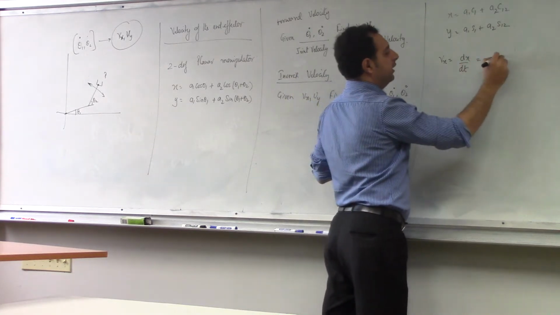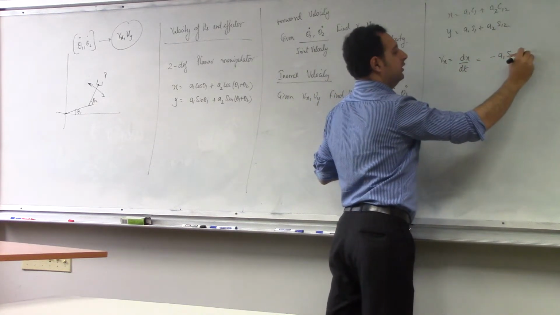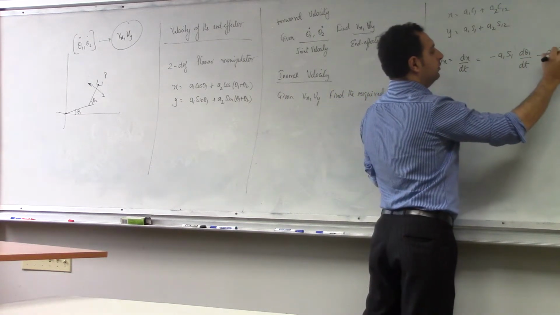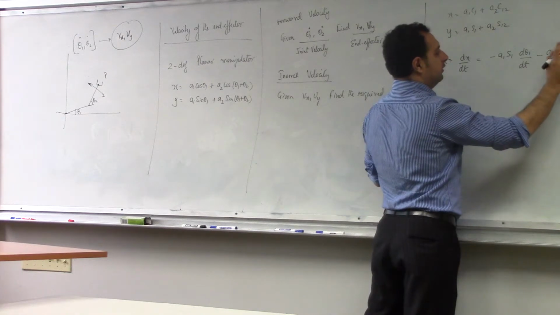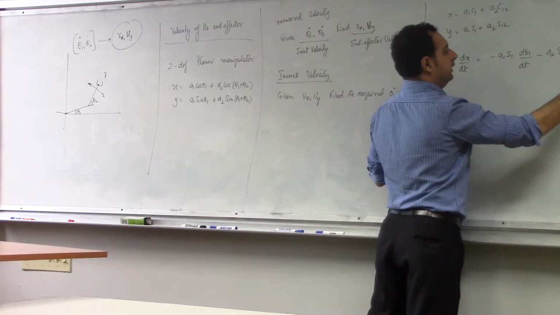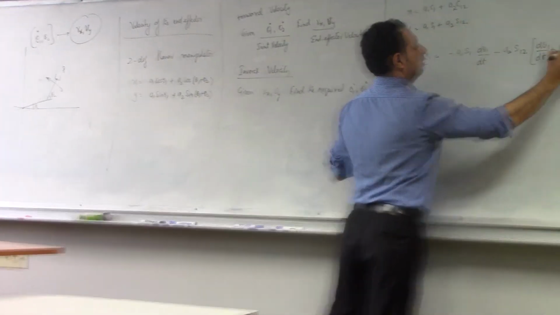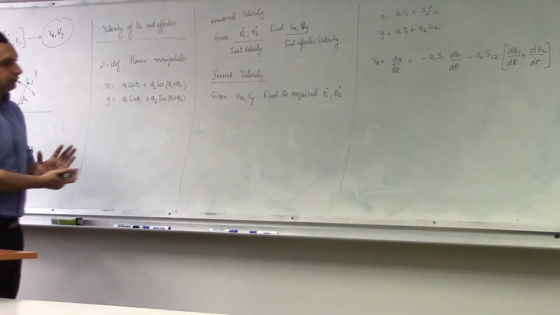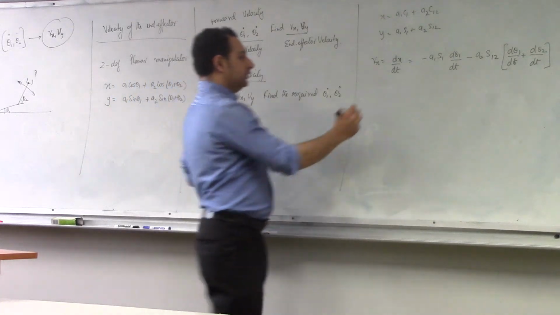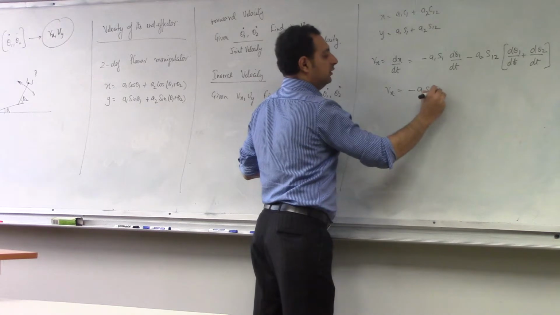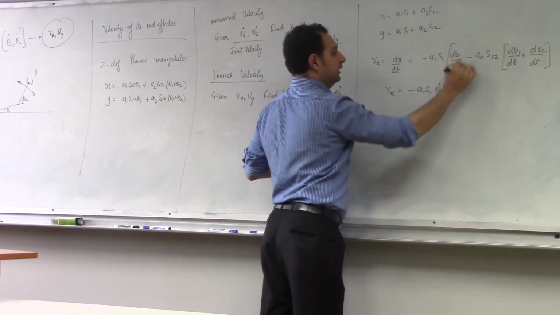So here I'll get minus a1 sin θ1 dθ1/dt minus a2 sin θ1,2 times dθ1,2/dt. So I can write this as Vx equal to minus a1 sin θ1 dθ1, and we'll call this dθ1.